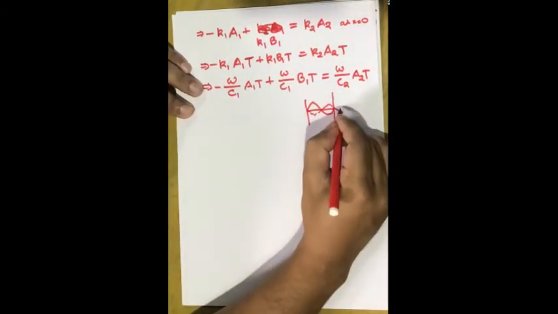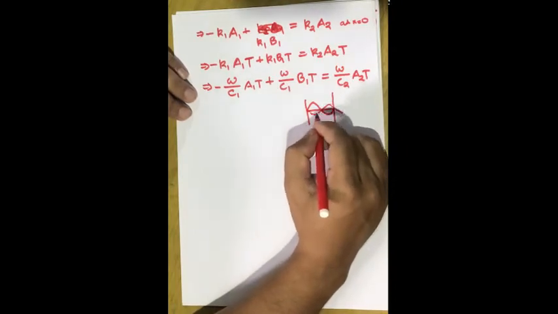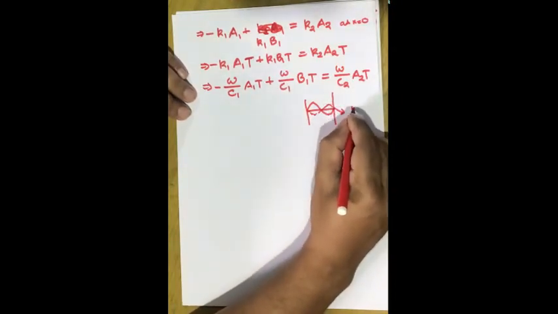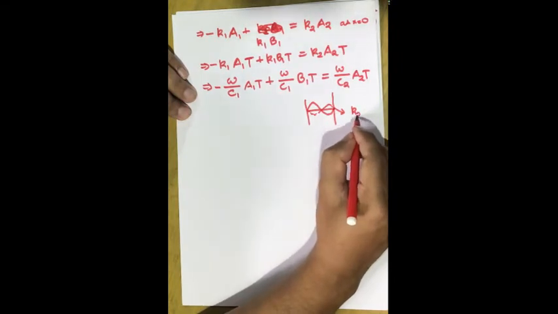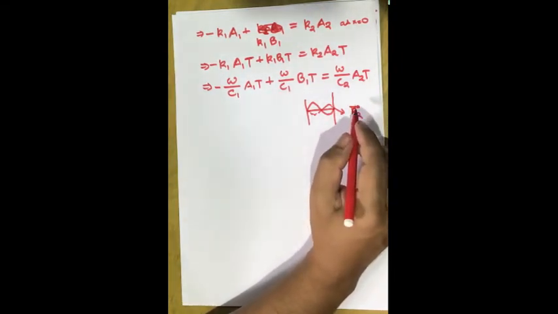So the transmitted part velocity will be different from the incident and the reflected part, because we have assumed a different value of k2. k2 is a vector quantity, so if its direction is different also, then k2 will be different from k1.